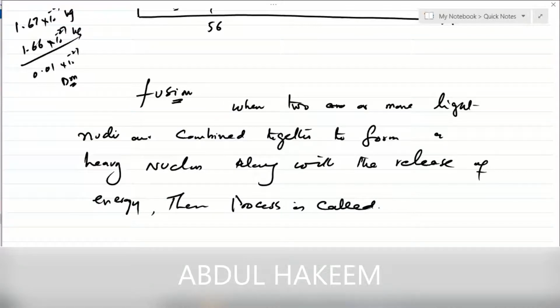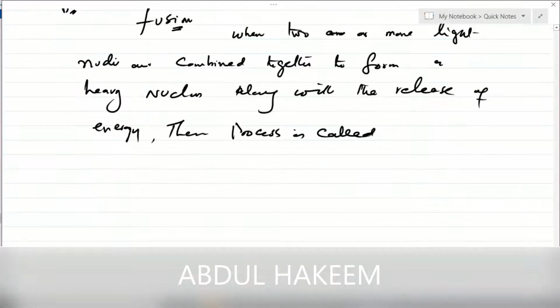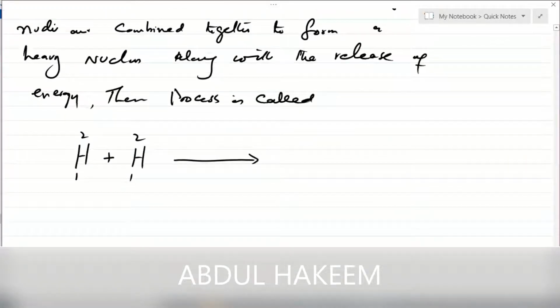Suppose the equation is H12 plus H12, because the lightest nuclei is hydrogen. When both hydrogen nuclei are combined, another hydrogen is formed along with the release of the neutron and some energy.